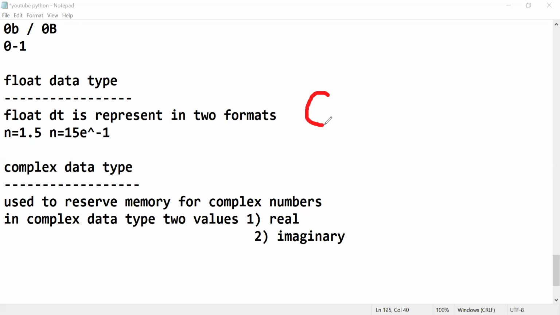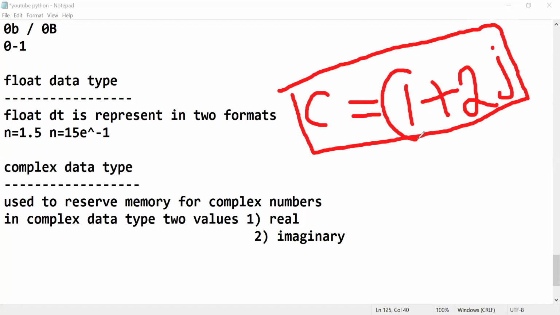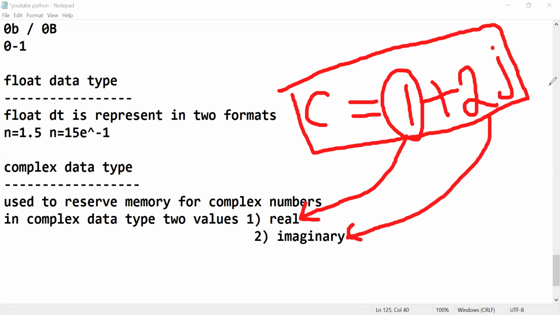Let's see what the real value and the imaginary value are. Suppose I take c equal to 1 plus 2j. Guys, this is the complex data type. The value 1 is the real value, and the 2j represents the imaginary value.